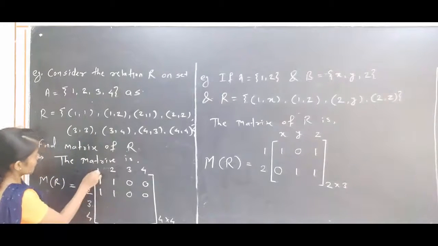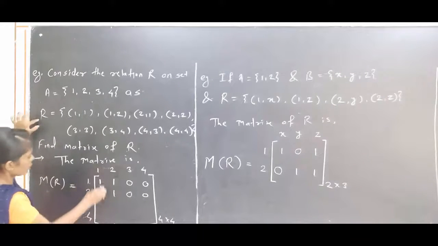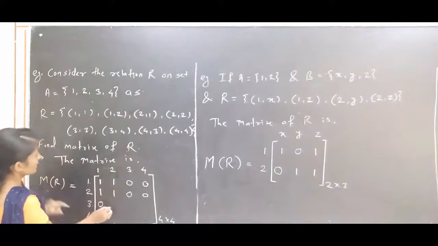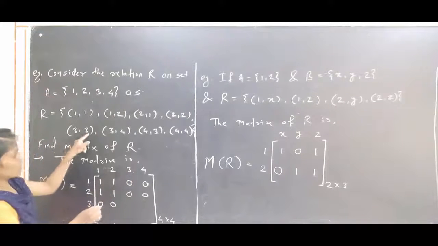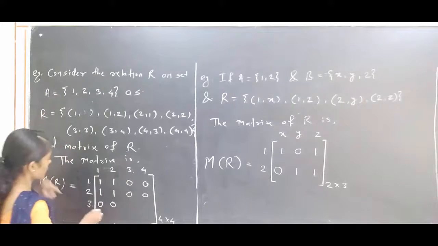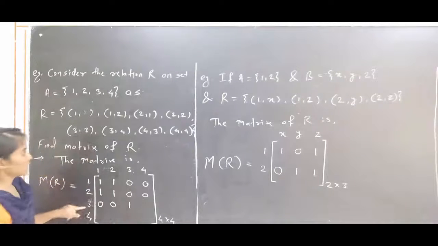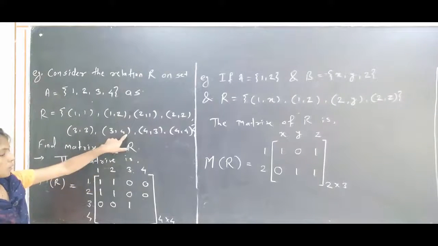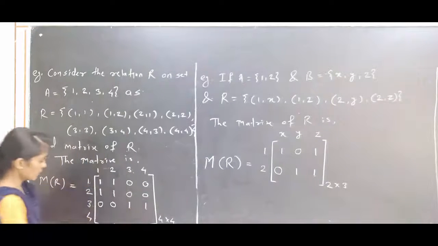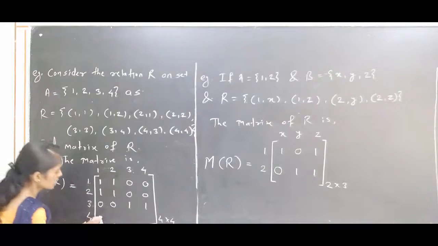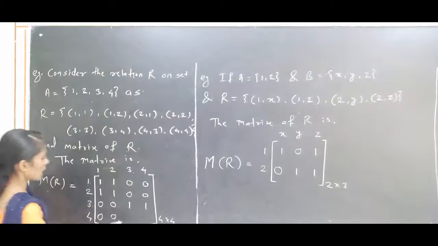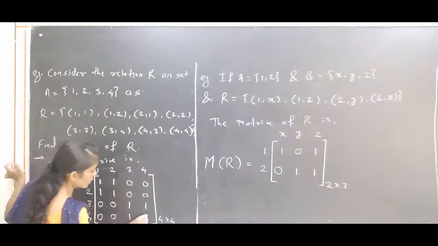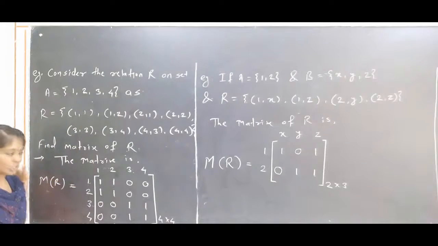Now (3,1) does not belong to R, 0. Then (3,2) 0. (3,3) yes, belongs to relation R, so mark this entry 1. Then (3,4) again belongs to R, so mark this entry 1. Then (4,1) 0, (4,2) again 0, but (4,3) belongs to R, so mark this entry 1. (4,4) also belongs to R, mark this entry 1.